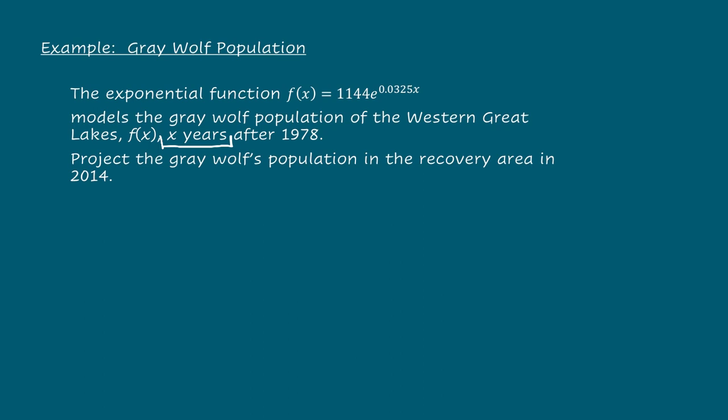So we're looking at the growth of the gray wolf population, x number of years after 1978. We're not interested in anything before 1978. And we want to use the model that we're given to project the gray wolf population in the recovery area in 2014.